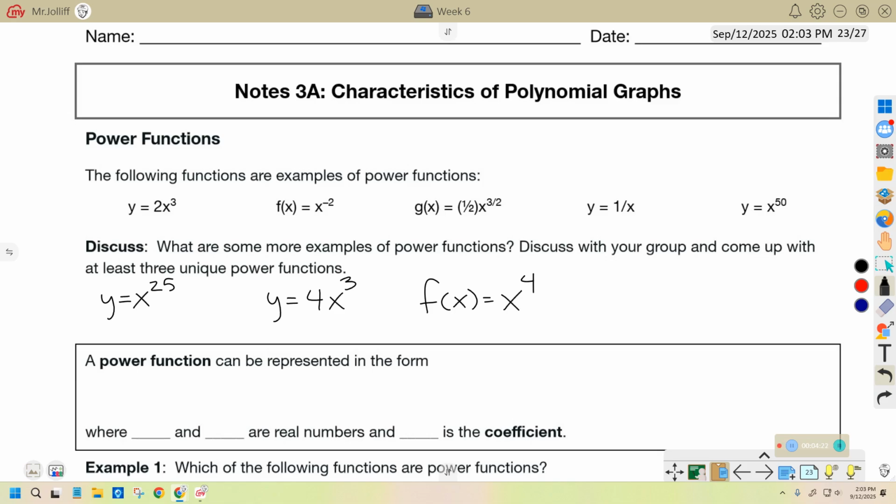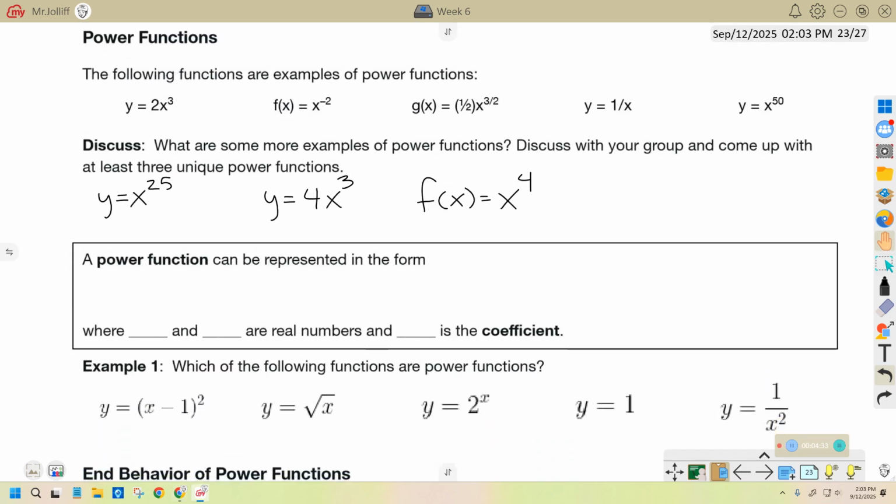You came up with some examples, so you must have found the pattern. What is the pattern? Yes, Bruno. All has the power of something. Good. So we know that it should have x to a power. Good. What else do we see floating around?